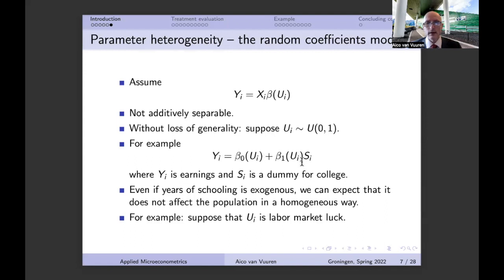Even in the case that schooling is exogenous, we can still expect that education is going to have an impact on wages in a heterogeneous way. Some individuals are going to have different kinds of returns to education than other individuals.